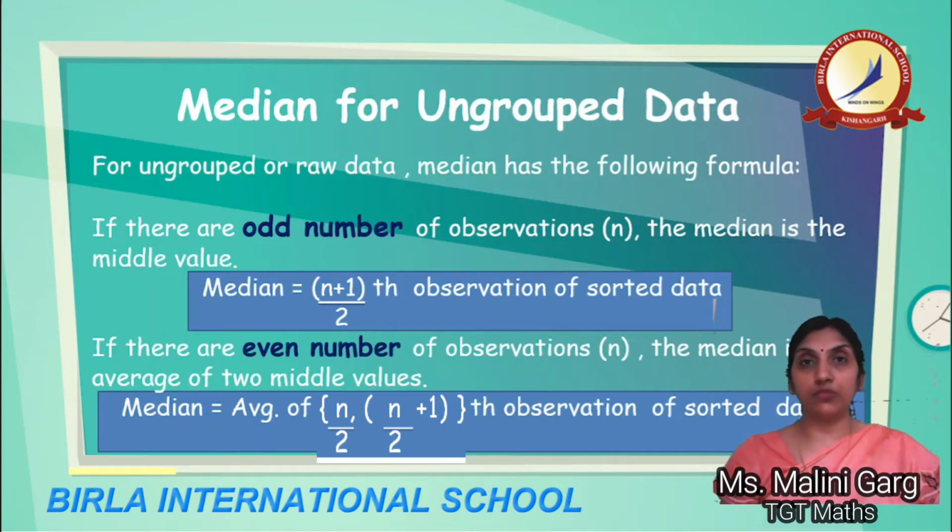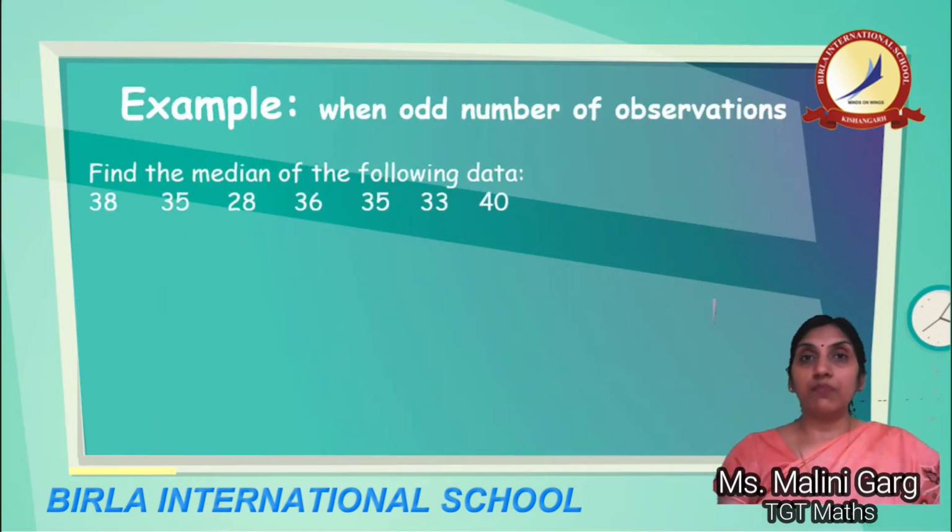Here you need to be careful that you have to take the (n plus 1) upon 2th observation from the arranged data, not from the given data. And if there are an even number of observations, then the median is defined as the average of the two middle terms. So let us see one by one with the help of an example.